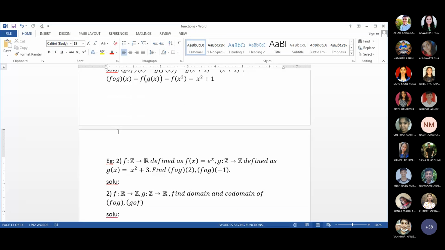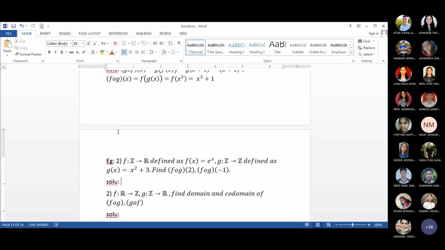F composed with G of 2 and F composed with G of -1.